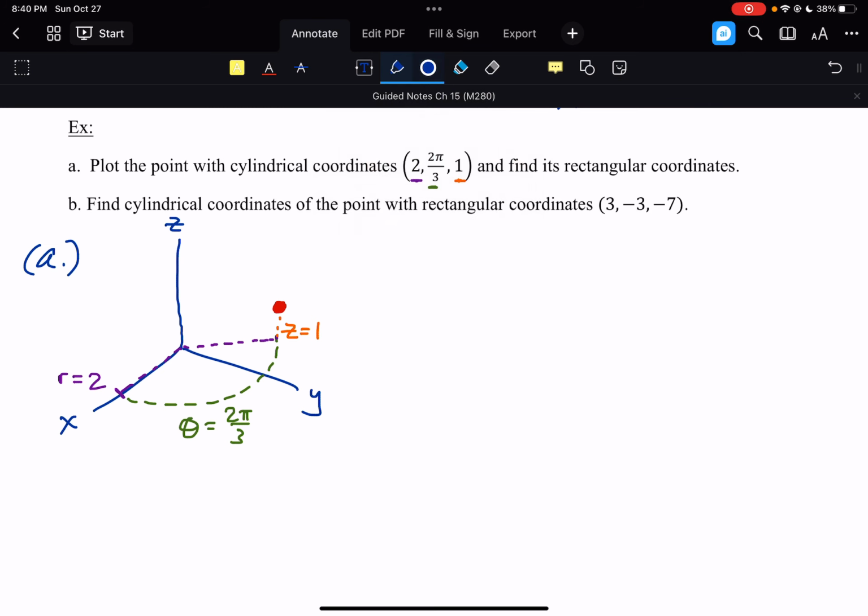Now, if we wanted to find this point in rectangular coordinates, we can just use our polar conversions. So x is going to be 2 cosine of 2 pi over 3. Cosine of 2 pi over 3 is negative 1/2, so we get negative 1. y is 2 sine of 2 pi over 3.